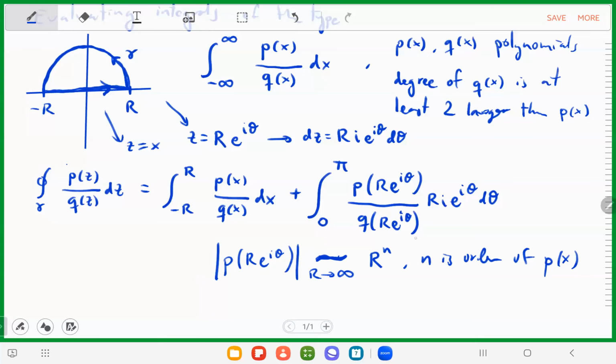And for the q, for the denominator also, this will be a complex number that when r goes to infinity will grow like r to the power of the order of q.